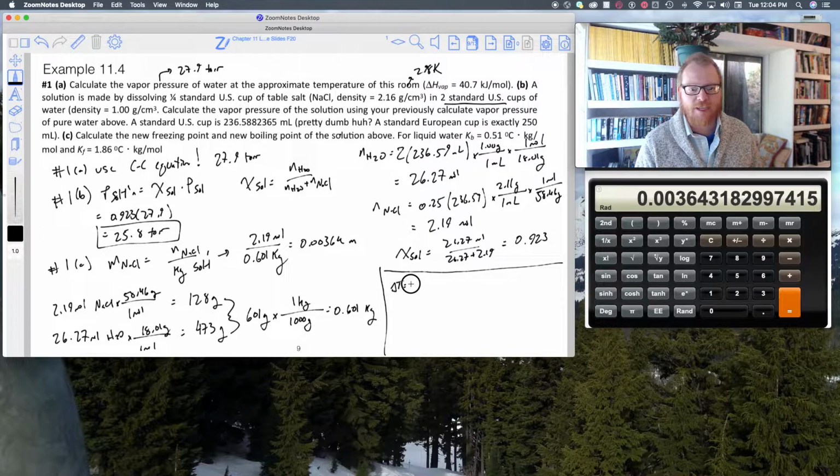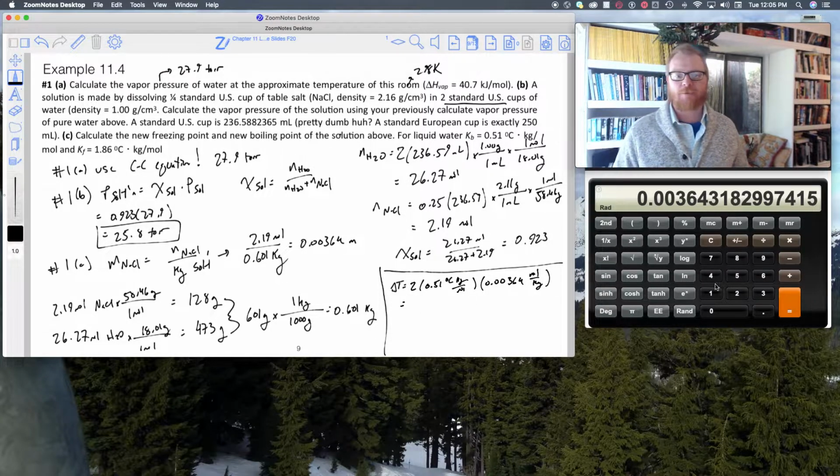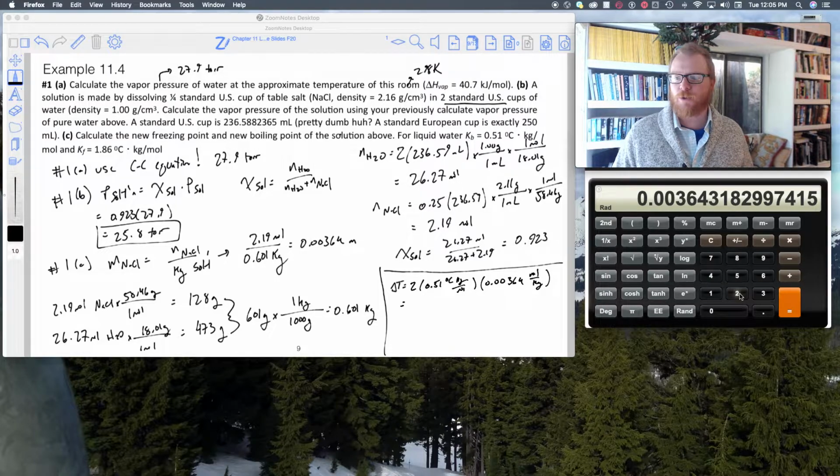So now delta T is going to be 2 times 0.51 degrees C kilogram per mole times 0.00364 mole per kilogram.